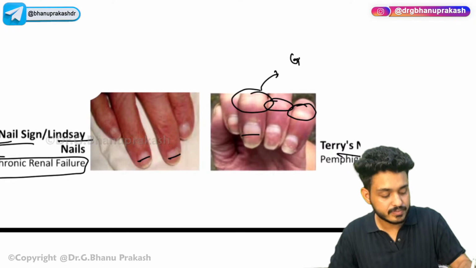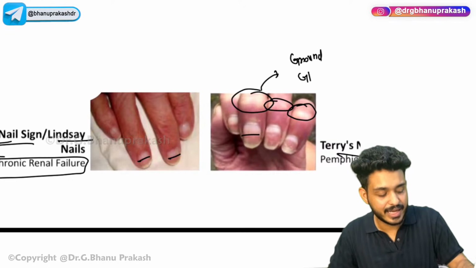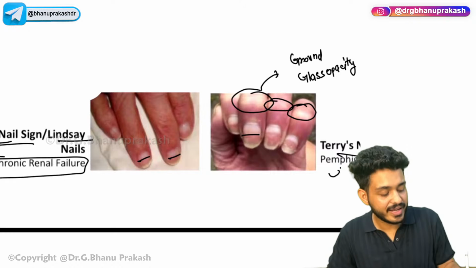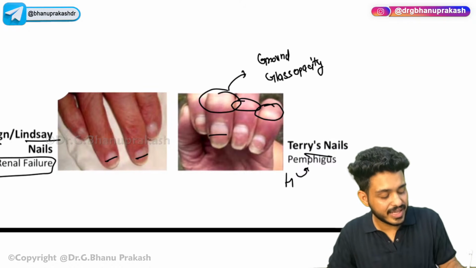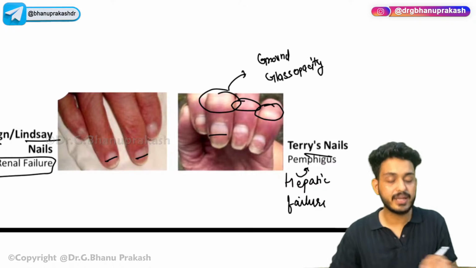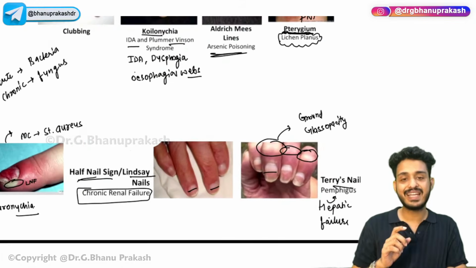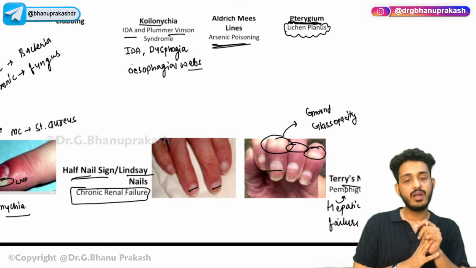This is a feature you will be finding in Terry's nail. Also, Terry's nail you will be finding along with hepatic failure, guys. Ground glass opacity with Terry's nail, that is hepatic failure.